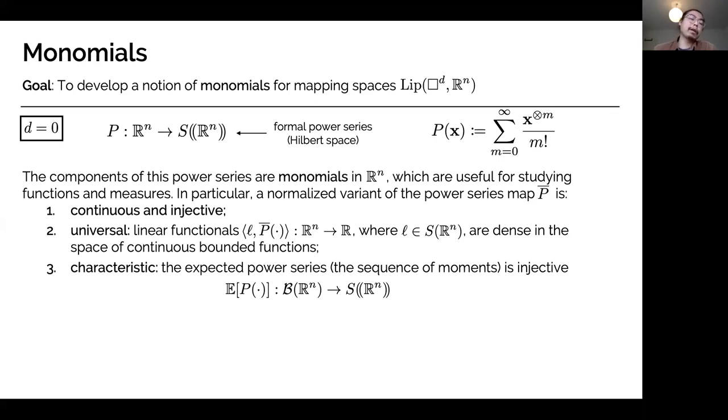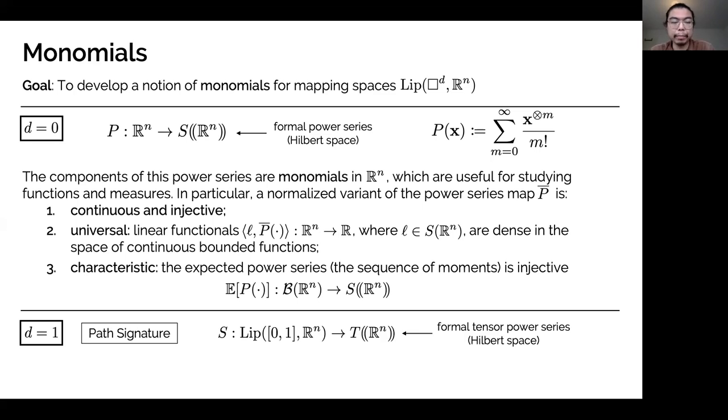So looking at these monomials allows us to study nonlinear functions on our domain, on R^n, using linear functionals in this Hilbert space. And because it's characteristic, we can also talk about measures on this space as elements of this Hilbert space.